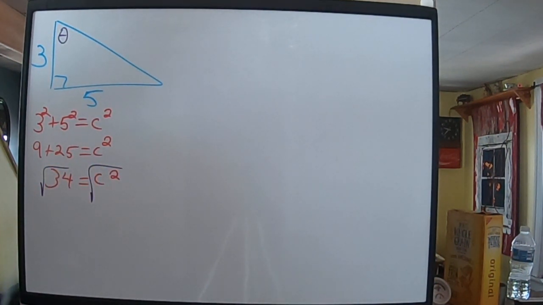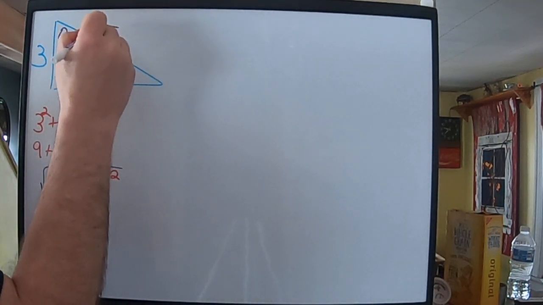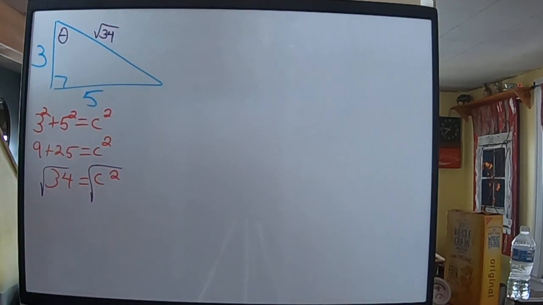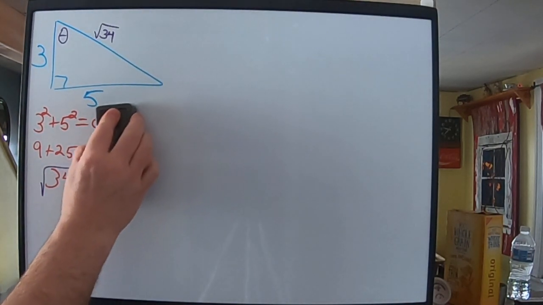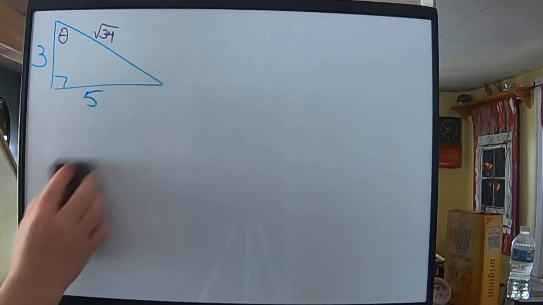Now, we can't simplify the square root of 34. It's just 2 times 17. So I'm going to leave it as square root 34. I'm going to erase this so that it makes it a little easier for us to do our continued work.